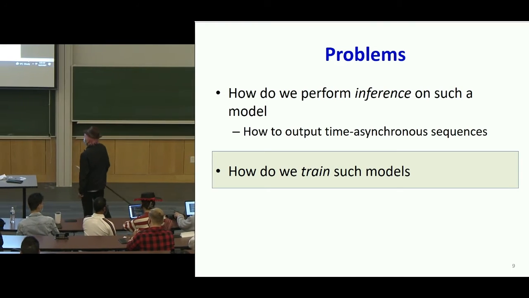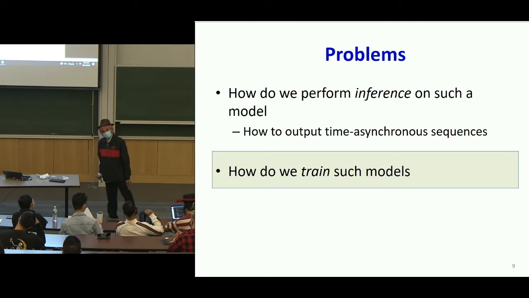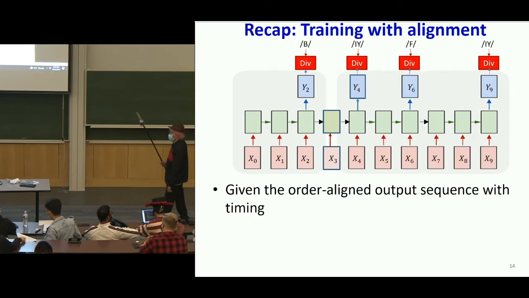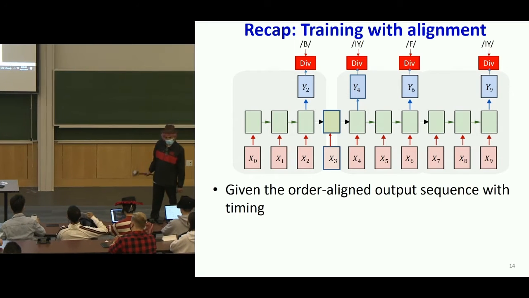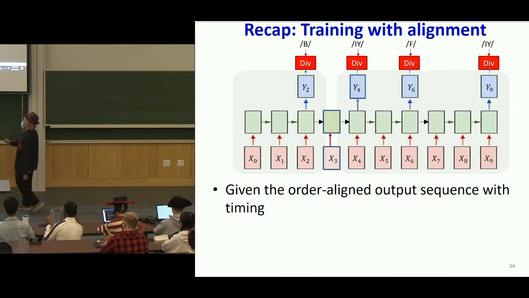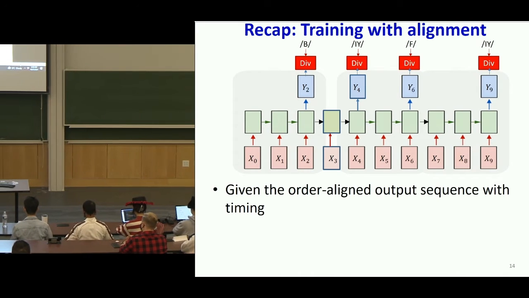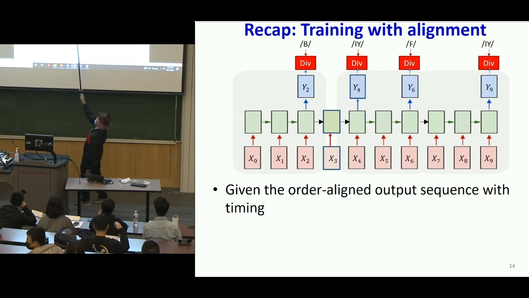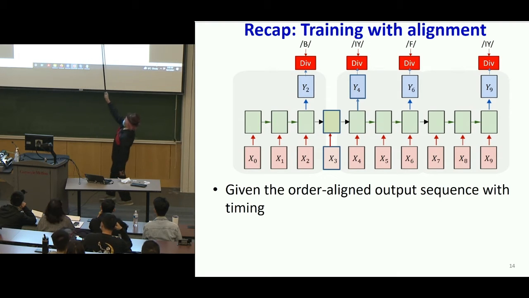The second question is, how do you train such models? Once again, we saw that if we were given training data where you had the inputs and the order-aligned outputs with the timestamps, namely if you were told that the first symbol occurred at time 2, the second one at time 4, the third at 6, the fourth at 9, then it was easy enough to compute a divergence.